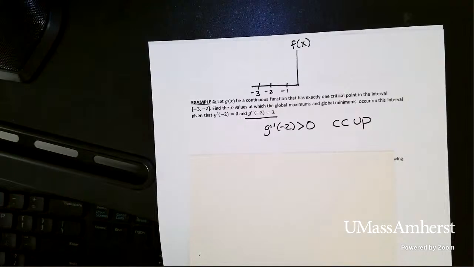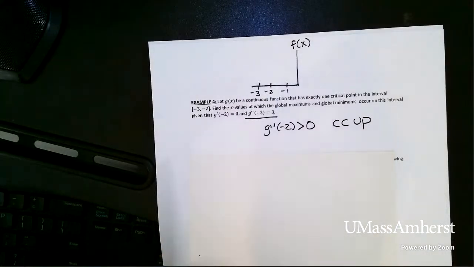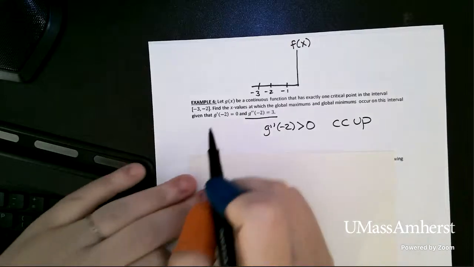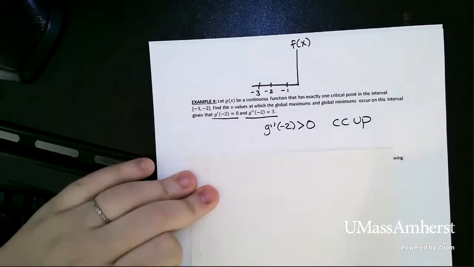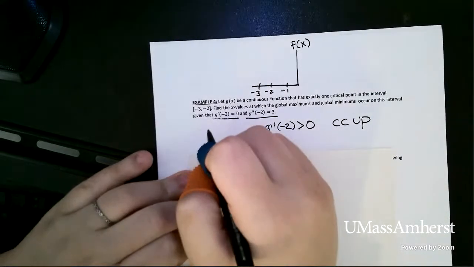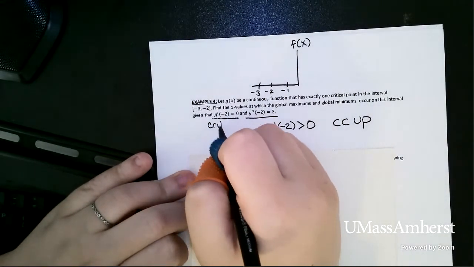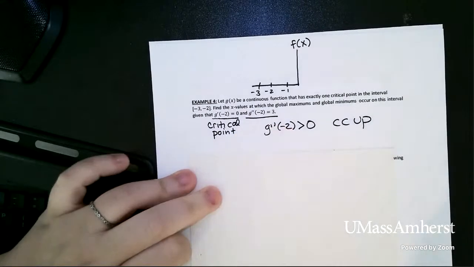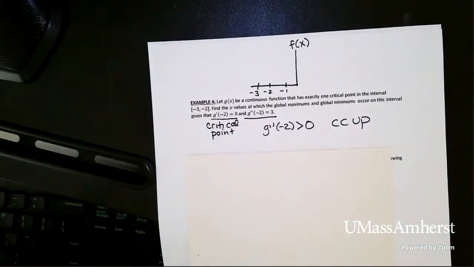Now, we also know that our function is existing between -3 and -2. And then we know that g prime of -2 equals 0. That means that at -2, we have a critical point, okay?